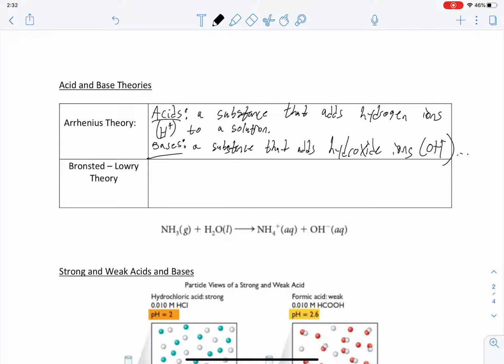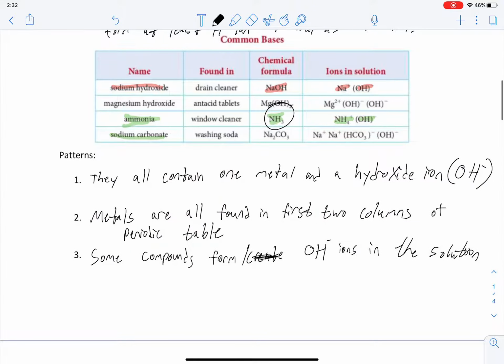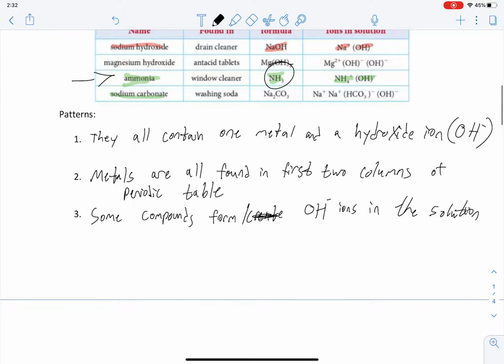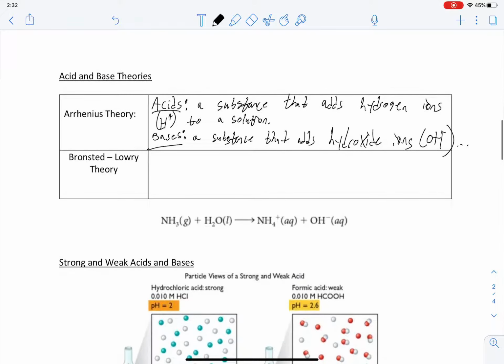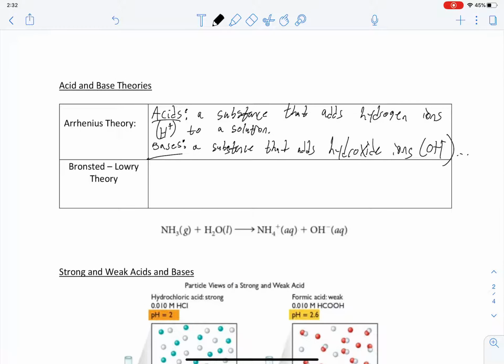Right, so that's fine and all. It doesn't explain this predicament that we have up here: how do we still have hydroxide ions forming from a molecule that doesn't have any oxygen in it? And that leads us to the Bronsted and Lowry theory of acids and bases. They wanted to tackle that idea.